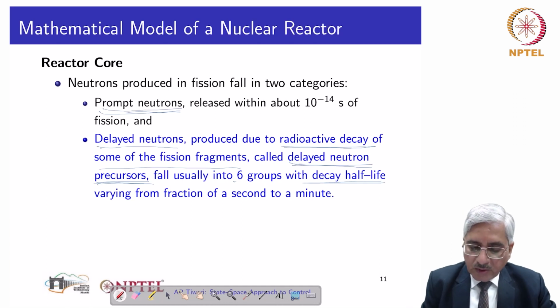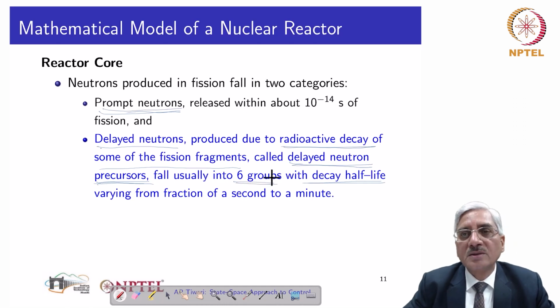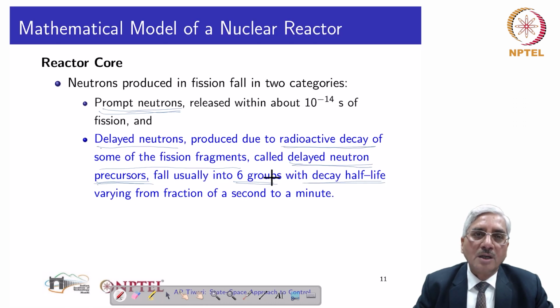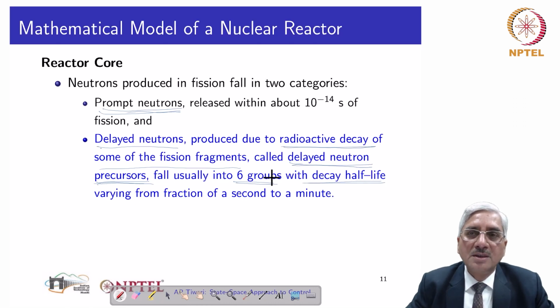This happens usually in 6 groups, so there are 6 identified delayed neutron precursors. Some of them have a decay half-life of the order of a few milliseconds, a few tens of milliseconds, and some have half-life of up to a minute or so.